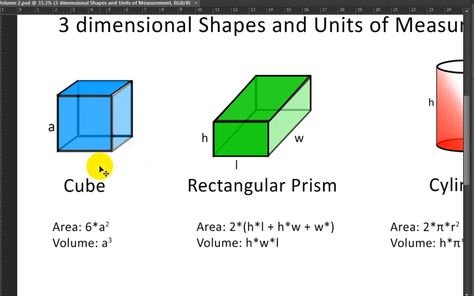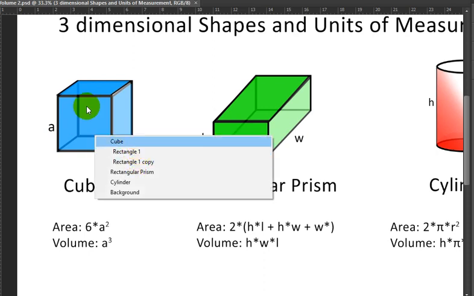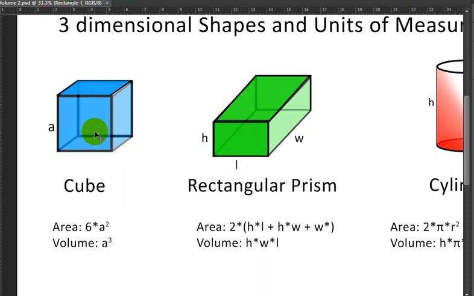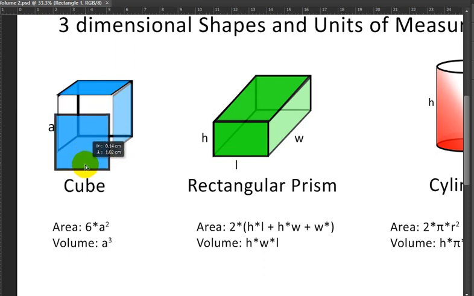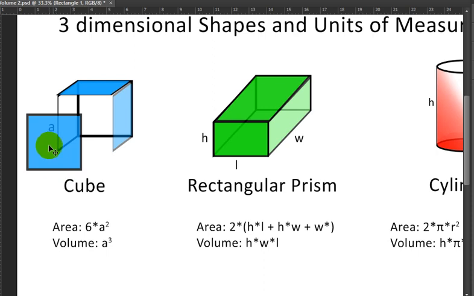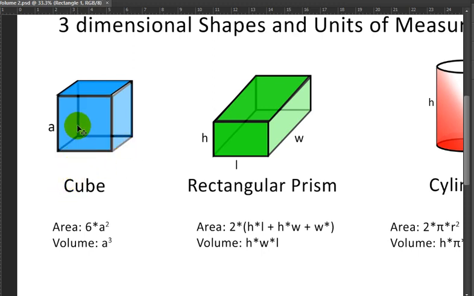To find the area of a cube, I take 6 and I multiply it with a squared, where a is one of the edges. And you might think, okay, but why? And the reason is you can see here that it's made up of 1, 2, 3, 4, 5, and there's the bottom there, 6 squares, right?